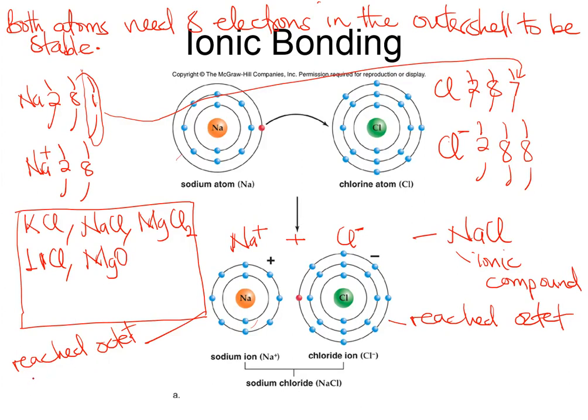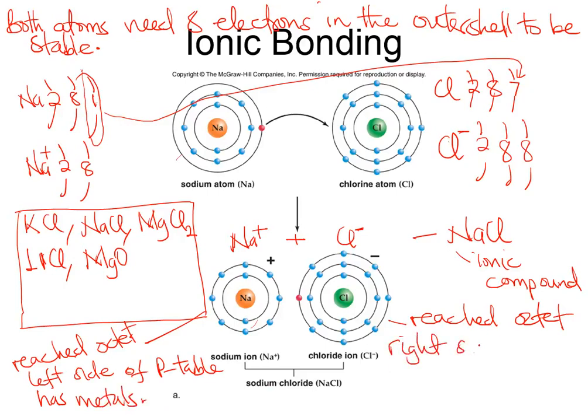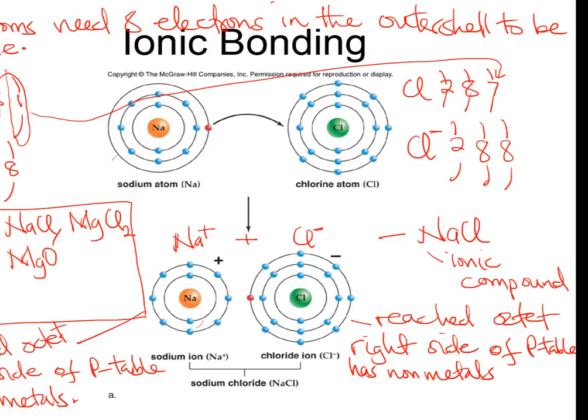So I'll just say, left side of periodic table has metals. So you need to write this down. Right side of periodic table has non-metals. So the left side has metals, the right side has non-metals.